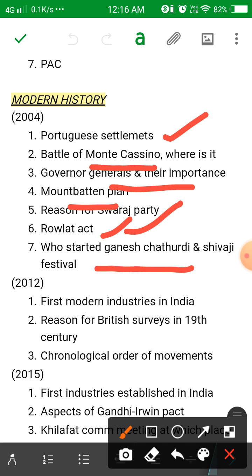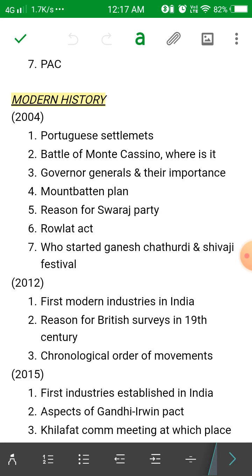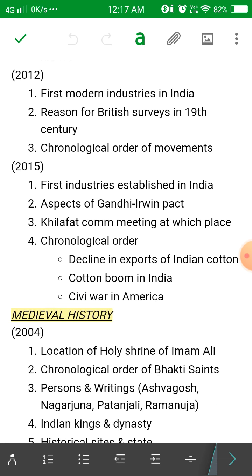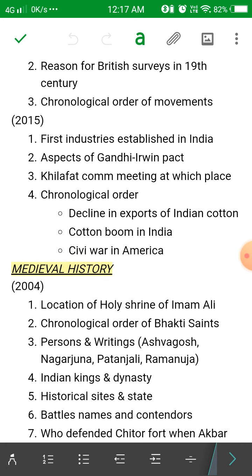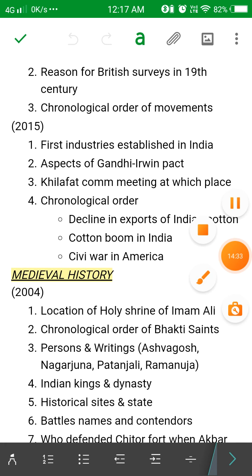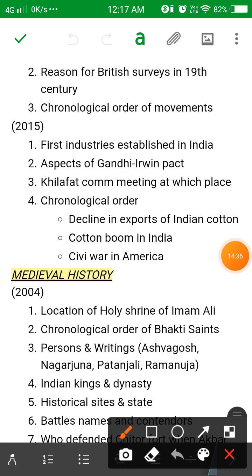Pretty easy, right? Next in 2012, it has asked for first modern industries in India. Reason for British survey in 19th century. It asked for chronological order of the movements. Next in 2015, we had certain difficult questions. Not very difficult, but yeah, moderate questions compared to the previous year questions.